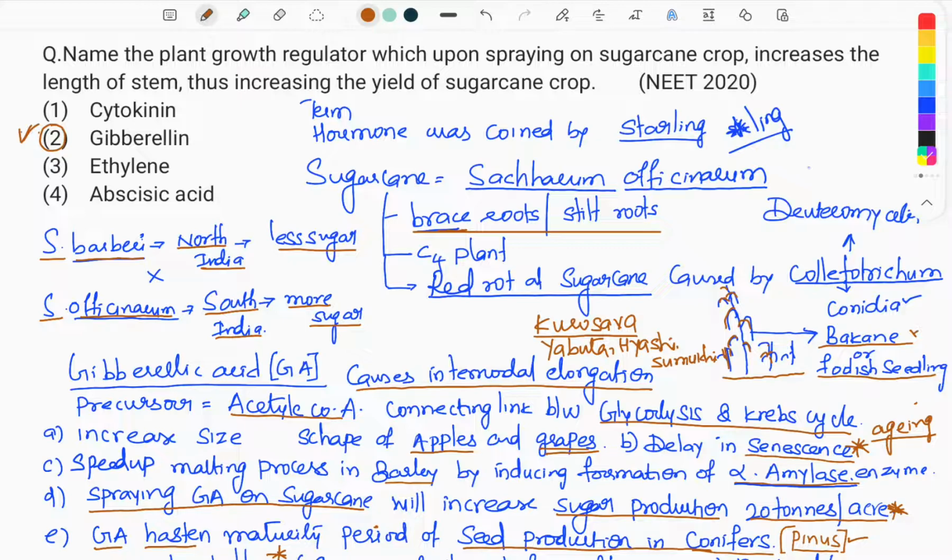But even then, to give you the total comprehension about the sugarcane crop as well as the gibberellic acid, I have discussed all the points about the gibberellic acid as well as sugarcane crop. I hope you have understood it very well, and it can be a brushing of your memory, recapitulating your points about the gibberellic acid.